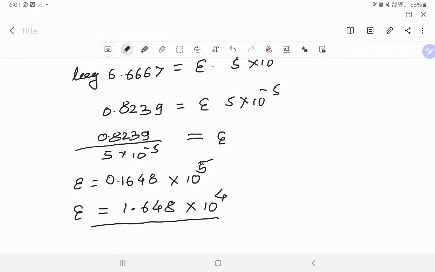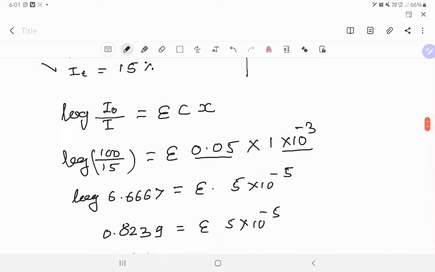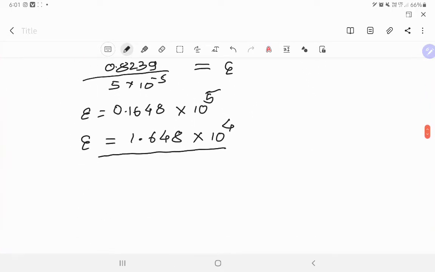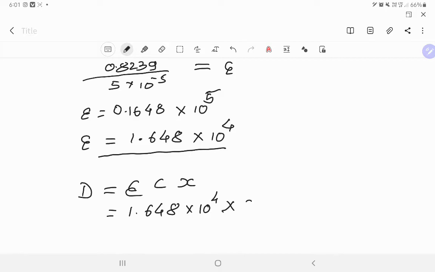Now, what is again asked to calculate? Optical density, D. Again, we know the formula. D is equal to epsilon C x. Yes, we know the epsilon, 1.648 into 10 raised to 4. Concentration is given 0.05. X is again given 1 into 10 raised to minus 3.